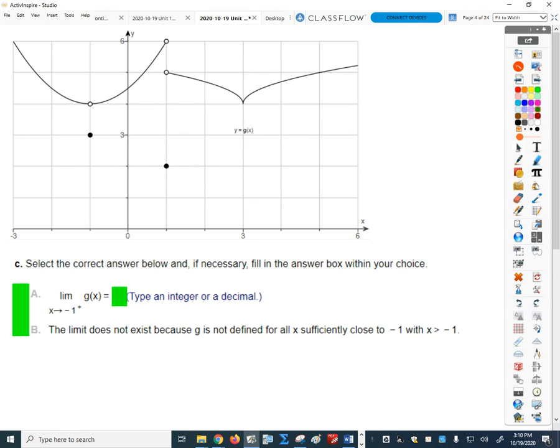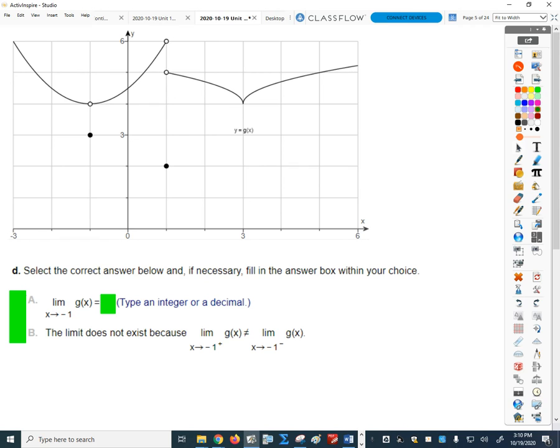And same thing, as an ant approaches -1 from the right, walking backwards towards -1, he anticipates stepping on a value of 4 again. Because the ant approaches the same value from both sides, the limit of g of x as x approaches -1 is 4, because the two one-sided limits agree.